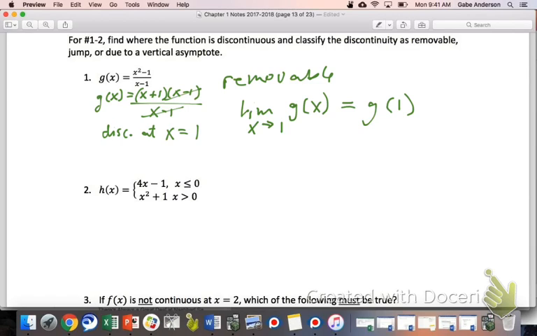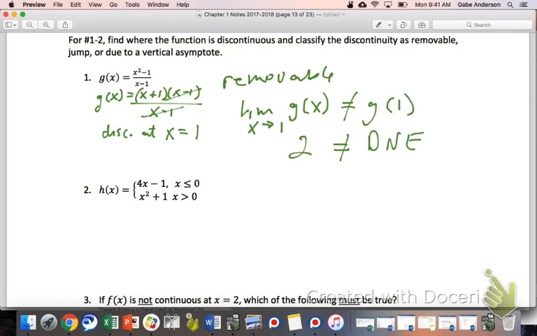Because you can just plug the 1 into the canceled out function. Sorry, I left off the little slash. 2 is not equal to, what's g of 1? That's DNE, isn't it? So the value of the function doesn't exist, but the limit is 2, meaning that it's not continuous.